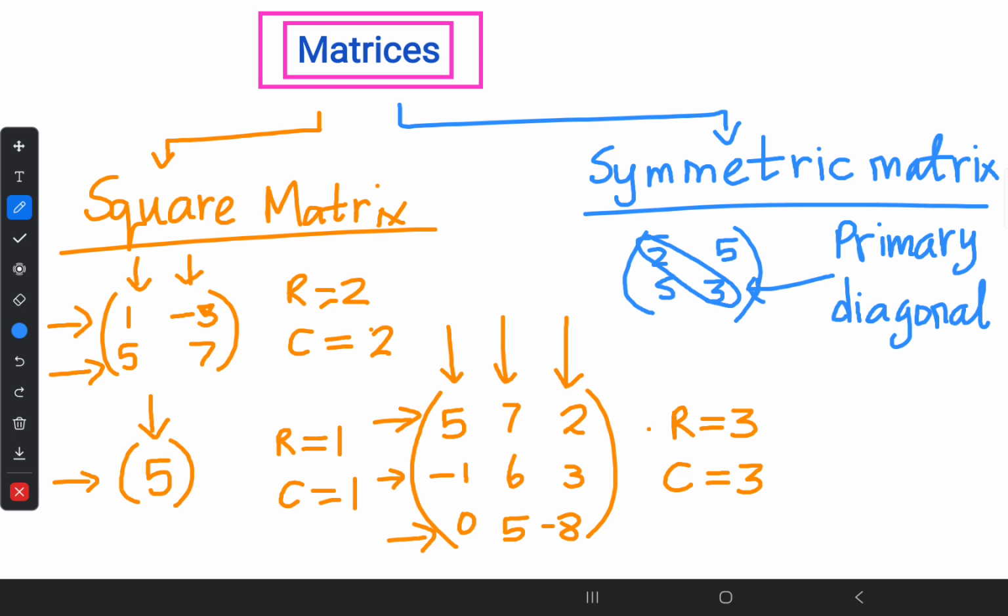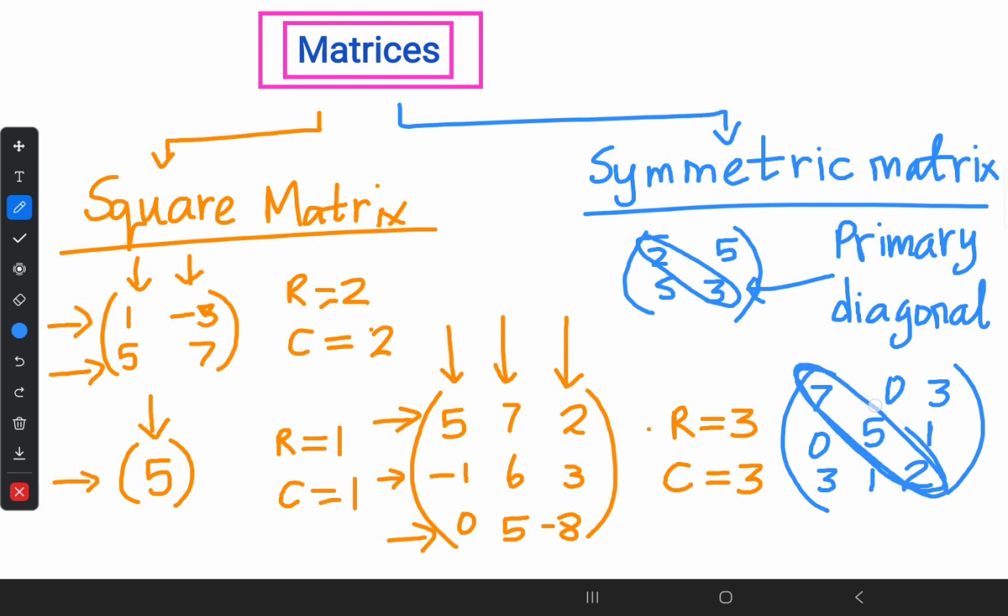Mostly we are using 2 into 2 and 3 into 3 matrices. I will show one more example. Here I have 7, 5, 2, 0, 3, 1, and here I have 0, 3, 1. When you look at this, except for the primary diagonal, all the other values situated on the left hand side and right hand side are identical.